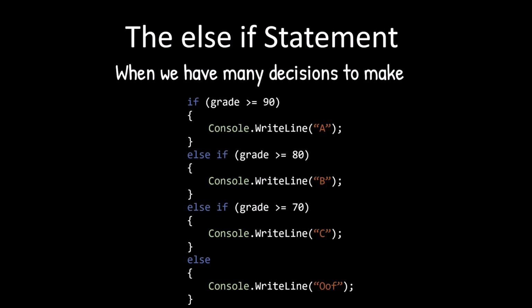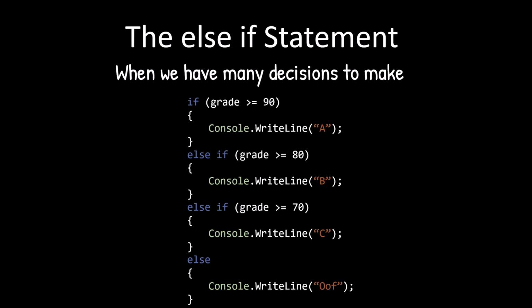Now in the United States, we typically score out of 100 possible points, with every 10 points lowering your grade from A to F. We have 4 cases here: A, B, C, and oof. Notice how after our first if condition, the next 2 are else if and give additional conditions. Also notice the space between the else and the if keywords.